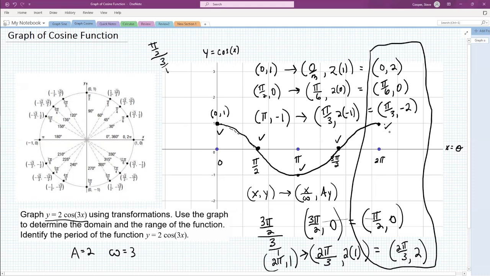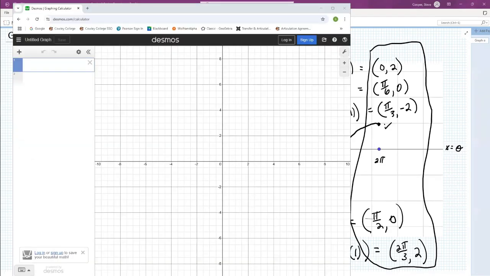So the graph's getting a little busy. I don't want to regraph it there, so let's do this instead. Okay, I've snuck my little Desmos graphing calculator in here, and I'm going to go ahead and edit in our new points. Okay, so our new point should be 0, 2. And in Desmos, you can separate coordinates with a comma in one line.